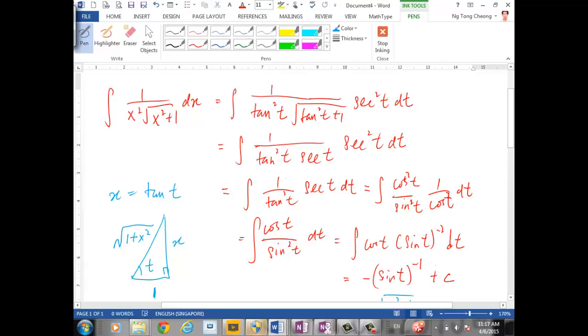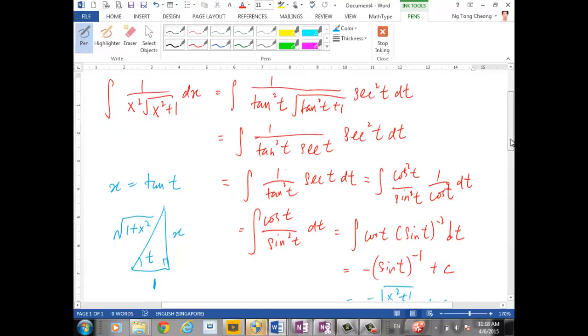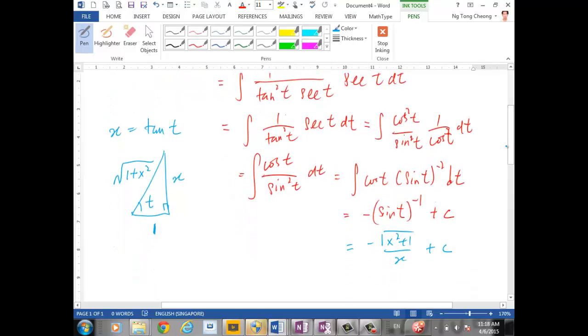If you see there is a square root of something complicated, always try to see whether there is a trigo identity to help you. Alright, after that, you simplify further all the way, and then recap and see which technique can be applied, right? So finally, make sure you rewrite in terms of x again with the help of a right angle triangle if your substitution is a trigo term, right?